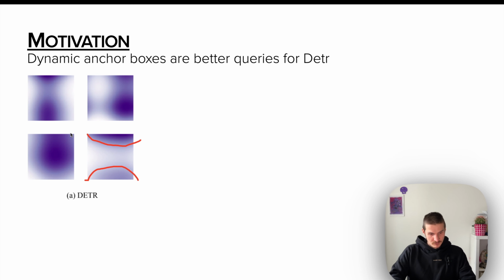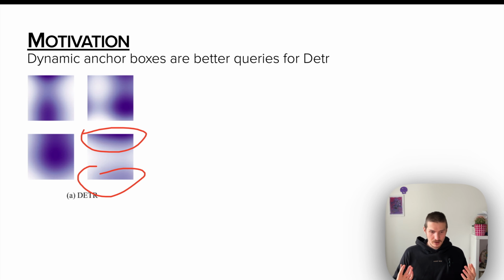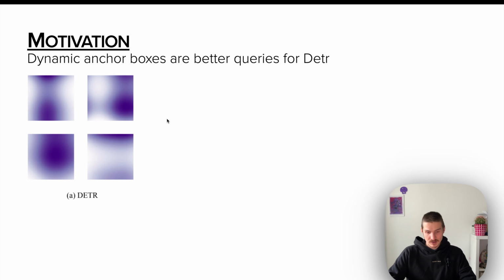So this attention map either doesn't match anything well, or it might match two different objects at once, which is again not good because we want the queries, the outputs of our model, to predict just one object per output. So we'll actually penalize the model if one output represents two objects at once.